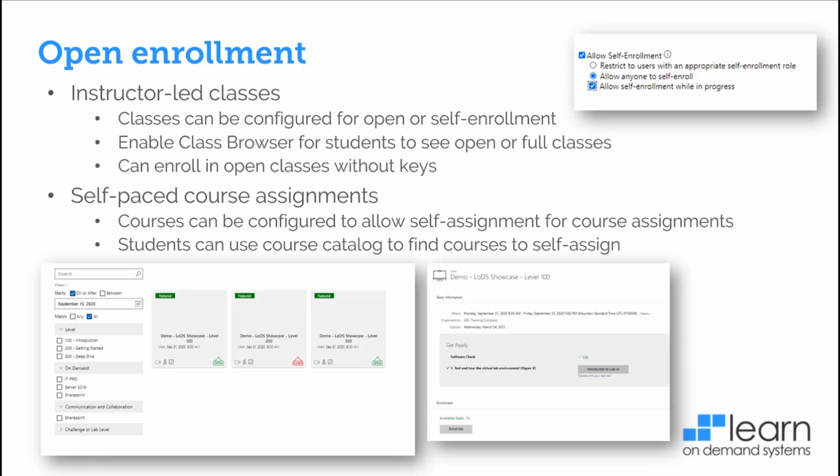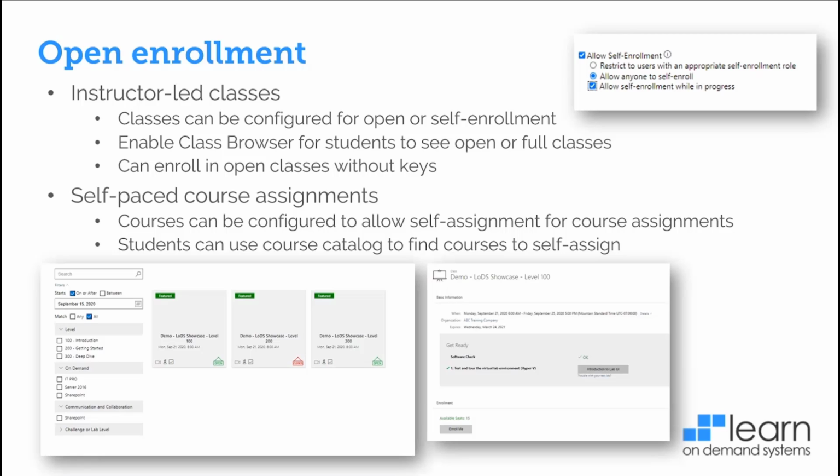When students log into the training management system, they can click the class browser to see upcoming classes. If open enrollment is not configured on the class, they can request access, which can be approved by administrators, or if open enrollment is set, students can click the enroll button and be automatically enrolled into the class.